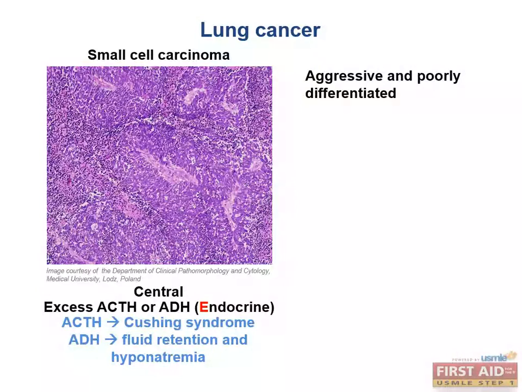Do you remember the name of the syndrome associated with antibodies to presynaptic calcium channels? That's right, Lambert-Eaton syndrome, which you learned about in the musculoskeletal chapter. What is the hallmark presentation of Lambert-Eaton syndrome? The classic presentation is the patient with proximal muscle weakness.